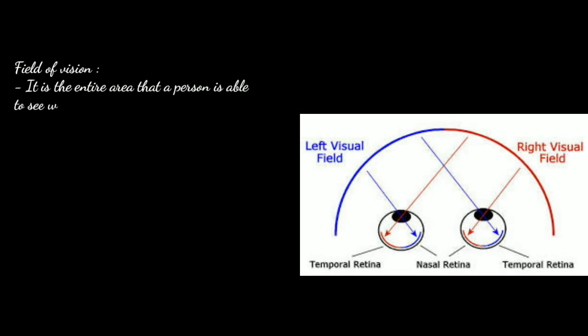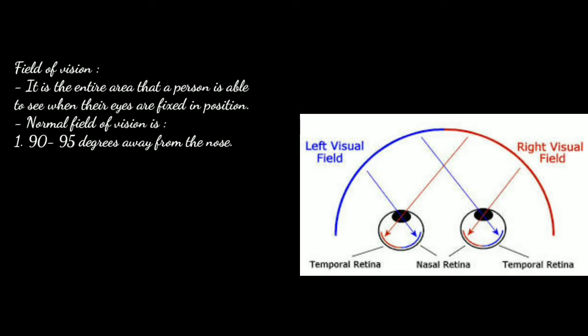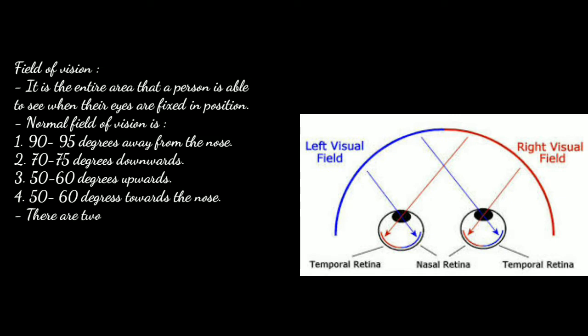Moving further, we'll be talking about the field of vision. Now, field of vision is important as we are going to talk about the visual field. The field of vision is the entire area which a person is able to see when their eyes are fixed in a position. That is, when a person is gazing at something continuously.